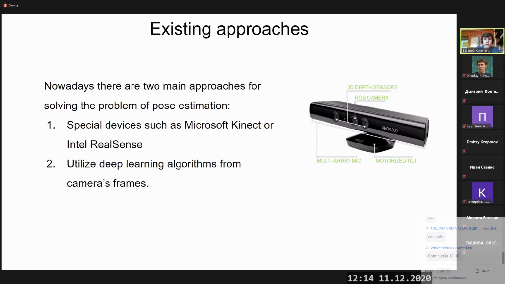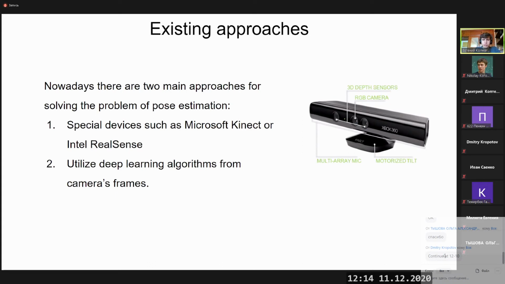This has the main advantage that you shouldn't buy anything, but the main drawback is that the time of prediction is big enough. You should have a GPU that has less time.